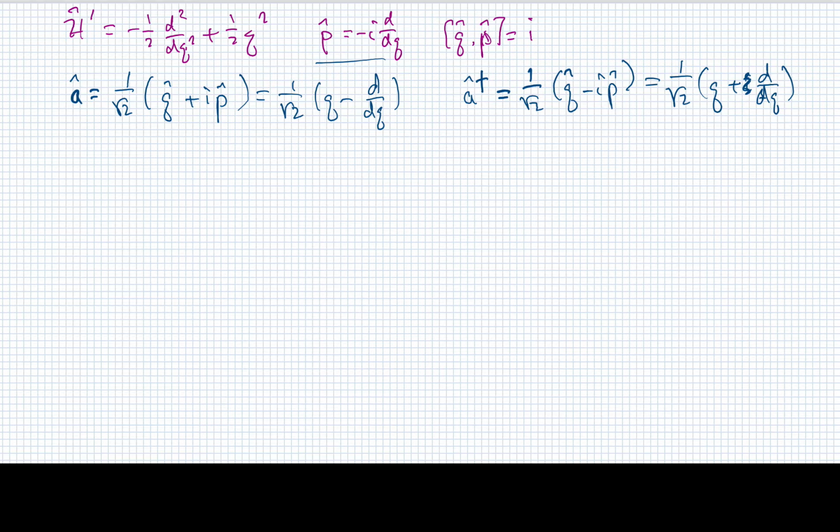So now what happens if I take this operator and the A operator and apply them consecutively? I'll have two factors of 1 over the square root of 2, so I can just write that as 1/2. And then I'll have q minus d/dq, sorry about the mess, q plus d/dq.